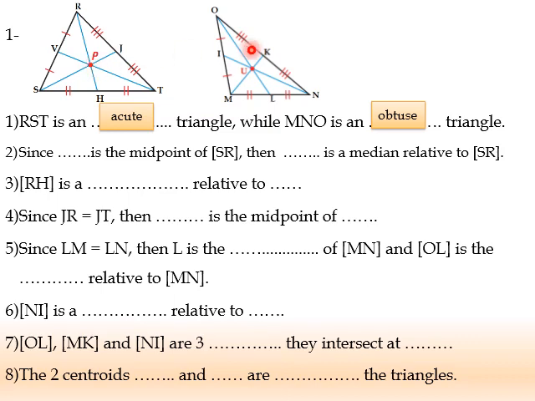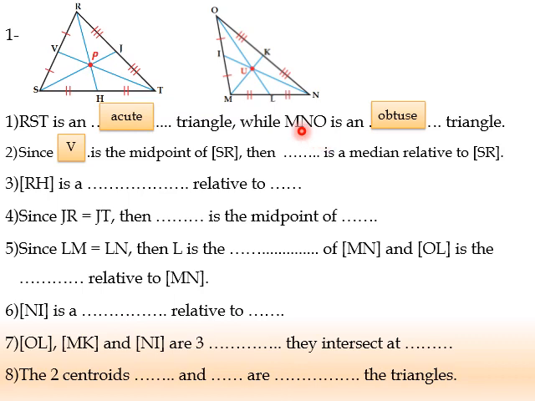Okay, now let's see how to fill in the blanks. Since blank is the midpoint of SR, which one is the midpoint of SR? It's point V. Why? Since SV equals VR, then a median relative to SR. Median relative to SR means that SR is the opposite side of the vertex.